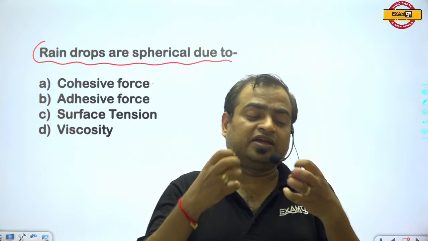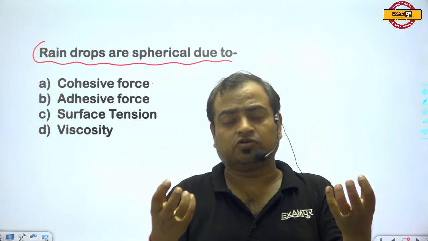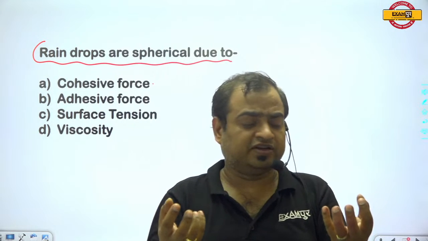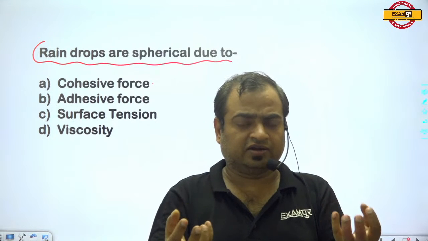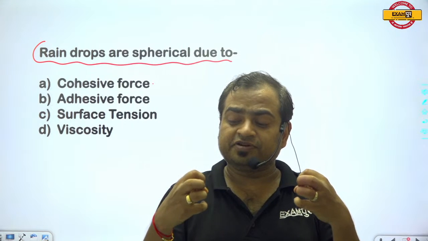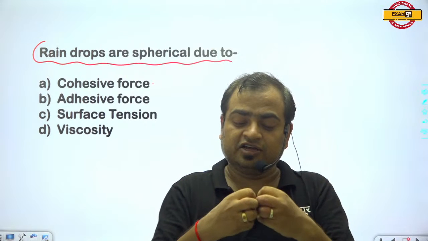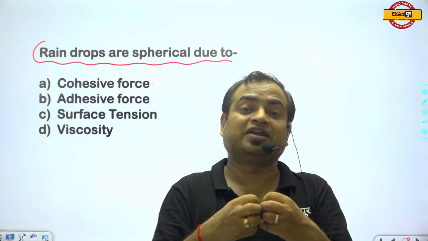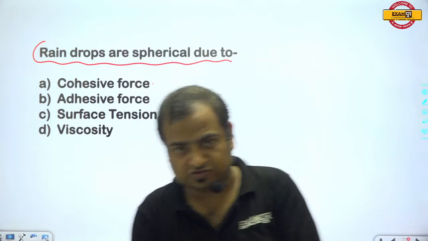If we take any metal, like iron or aluminum, the attraction force acting between the molecules or atoms of that metal is known as metallic bond in chemistry, but in physics this is known as cohesive force.